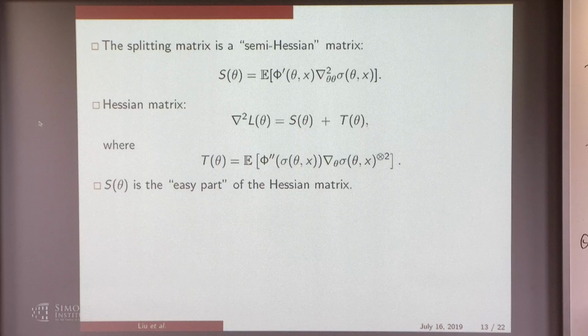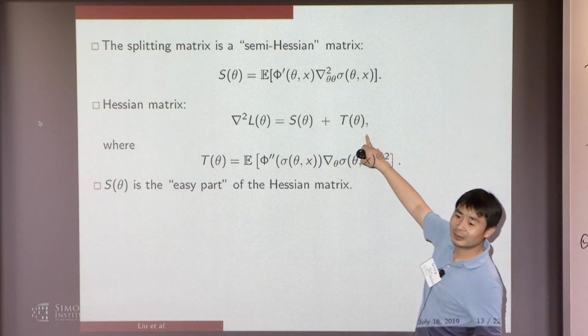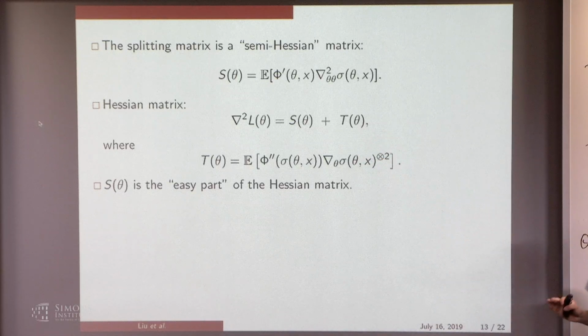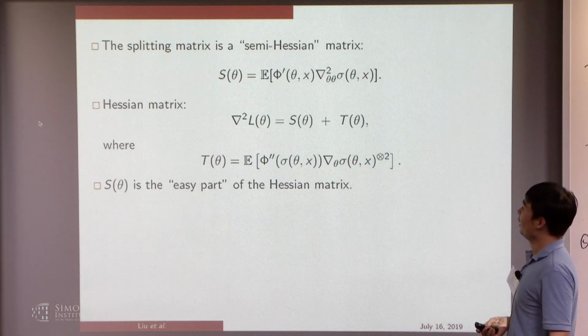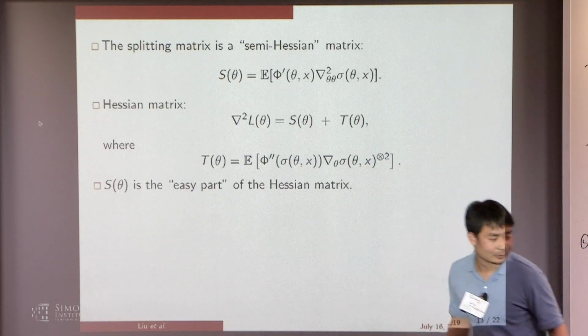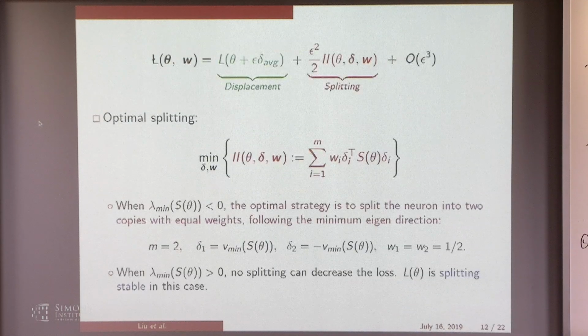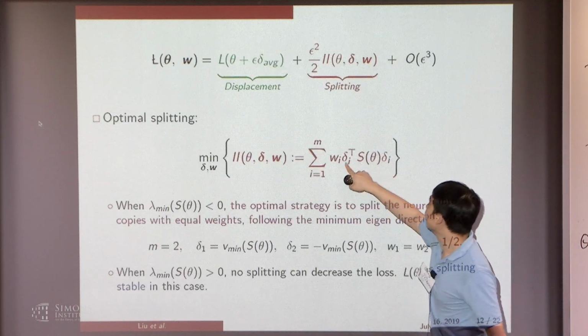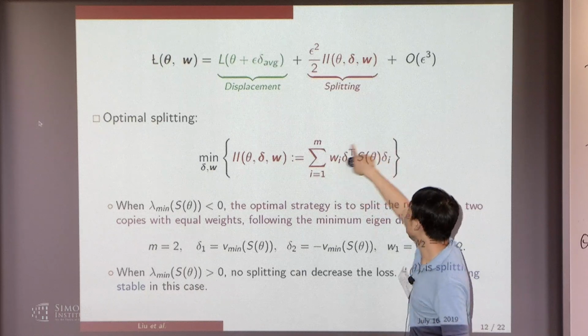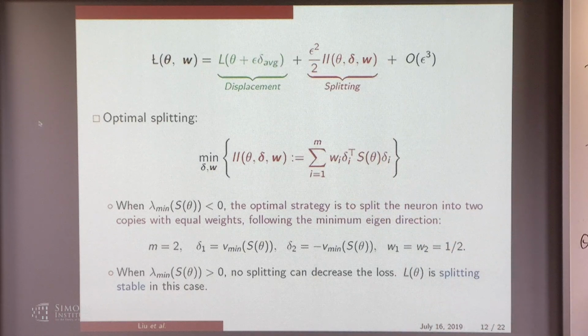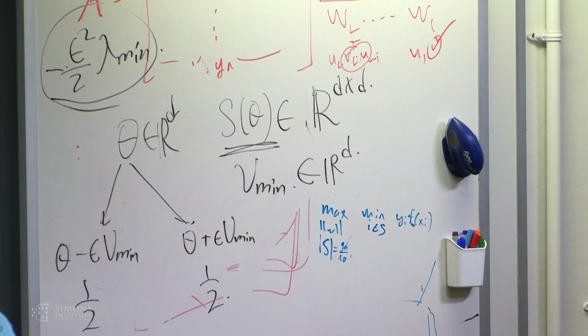Aren't you dropping one of these terms here? This one is irrelevant to our algorithm. So basically, I'm saying that the optimum of this term equals this minus this. So this is the improvement of the loss by doing splitting.